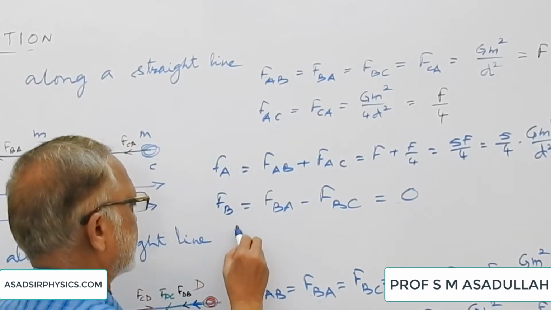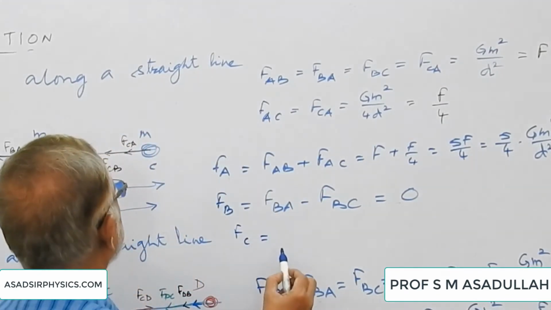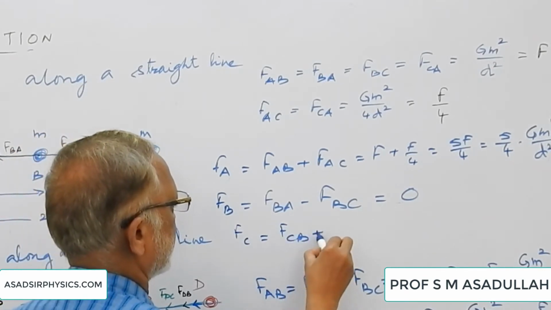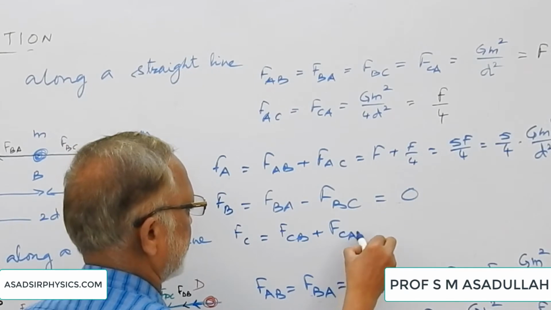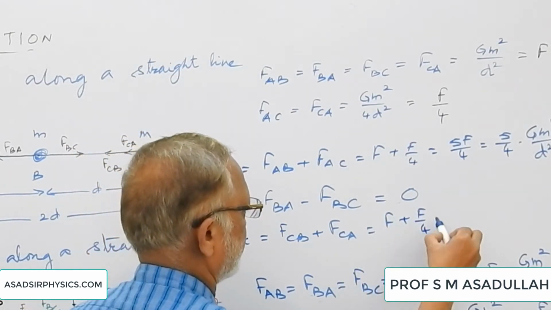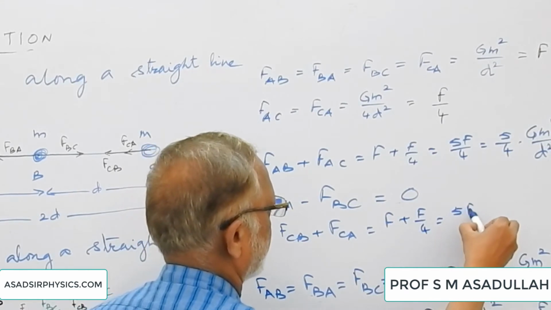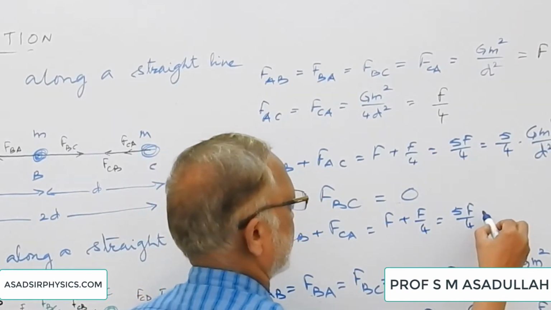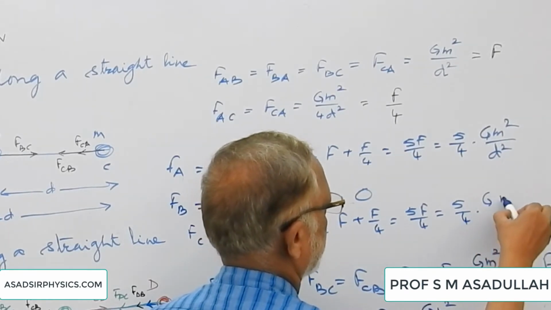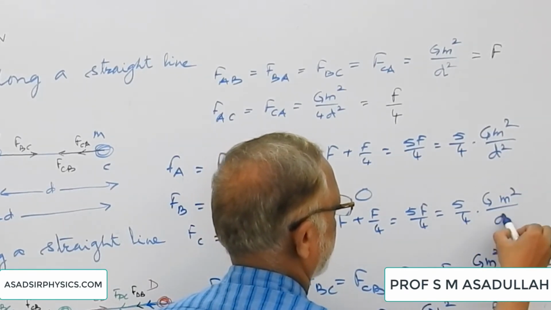So for total force on C, FC is equal to FCB plus FCA, that is F plus F by 4, 5F by 4, that is 5 by 4 G m square by d square.